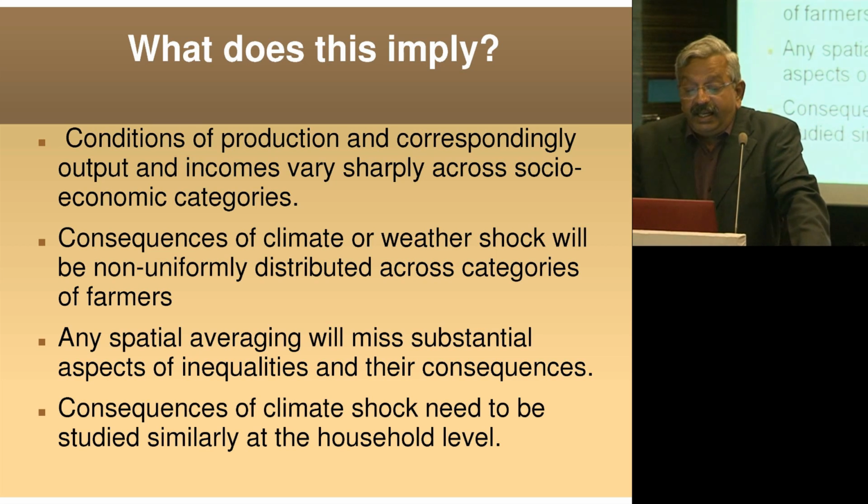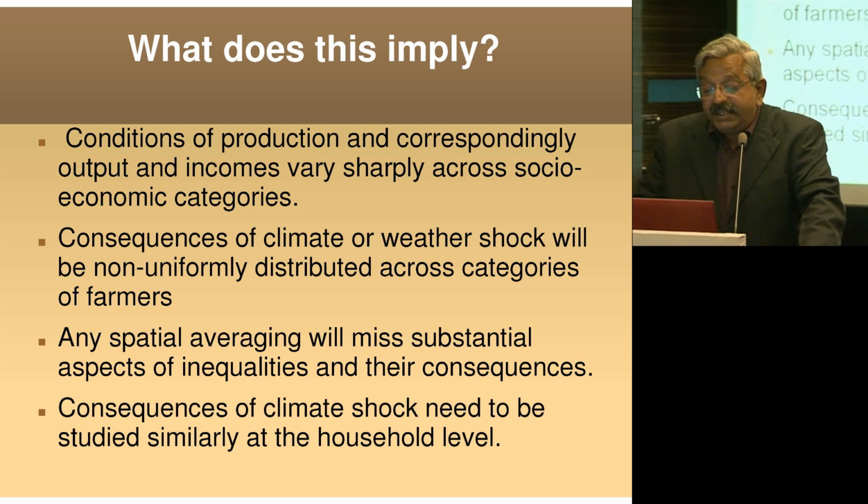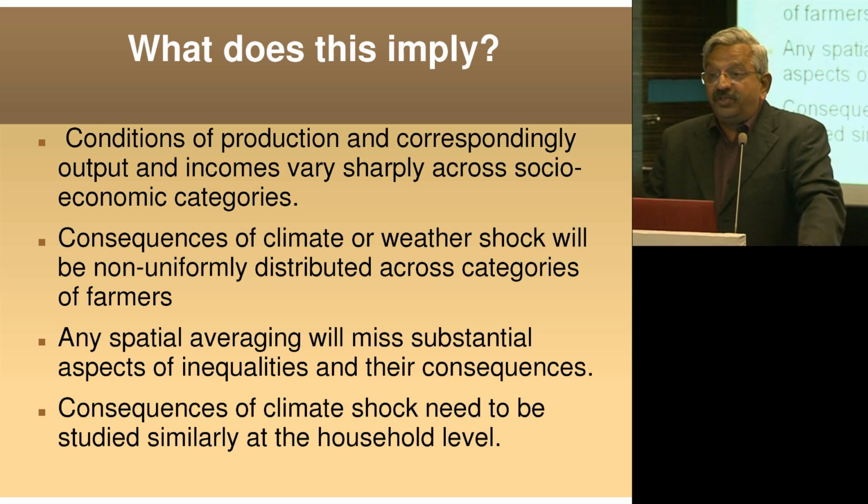Correspondingly, output and incomes vary sharply across socio-economic categories. Consequently, the consequences of climate or weather shock will be non-uniformly distributed across various categories of farmers, and in particular, any spatial averaging will often miss substantial aspects of inequalities and their consequences.